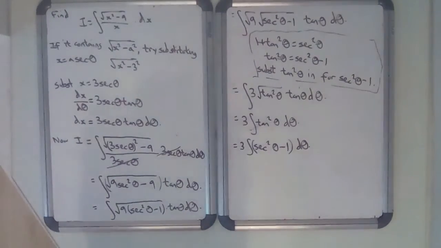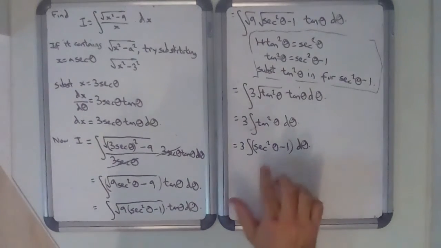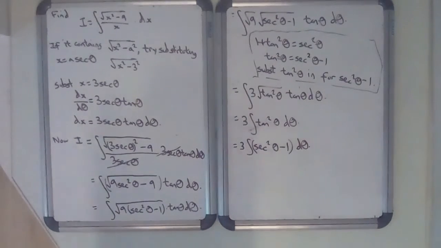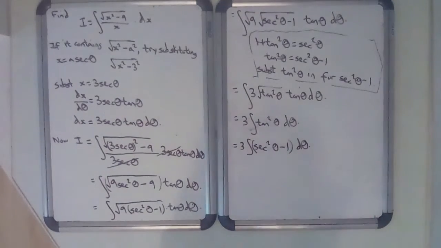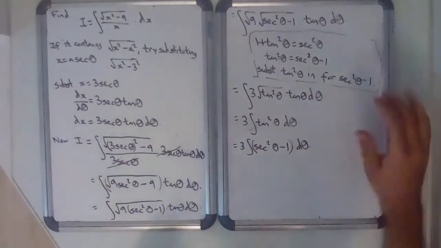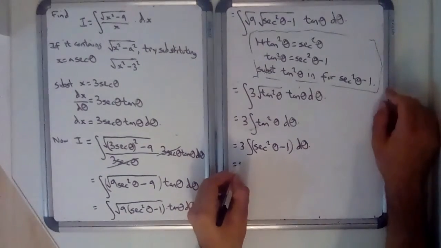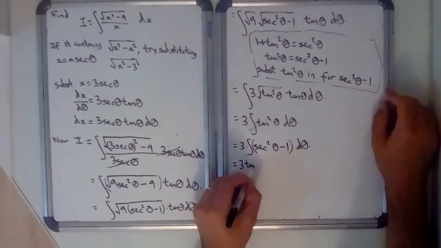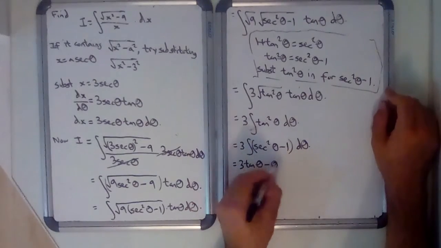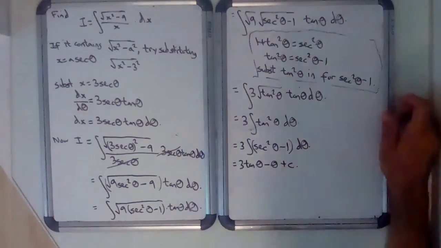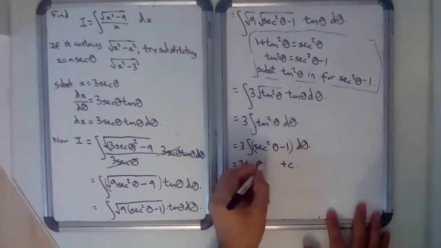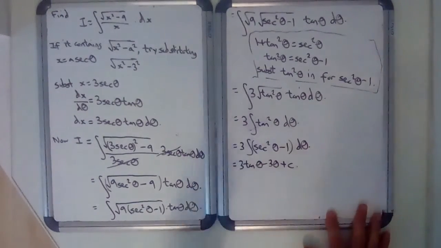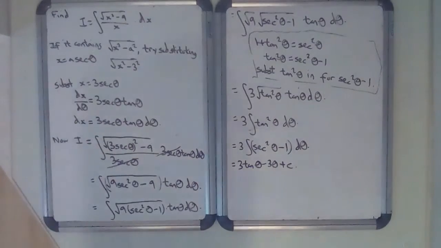So integrating, going the other way, sec squared theta is going to integrate to tan theta with respect to theta, minus 1 is going to integrate to theta with respect to theta. So this is 3 tan theta minus theta plus the constant of integration. That is a 3. So 3 tan theta minus 3 theta plus the constant of integration.